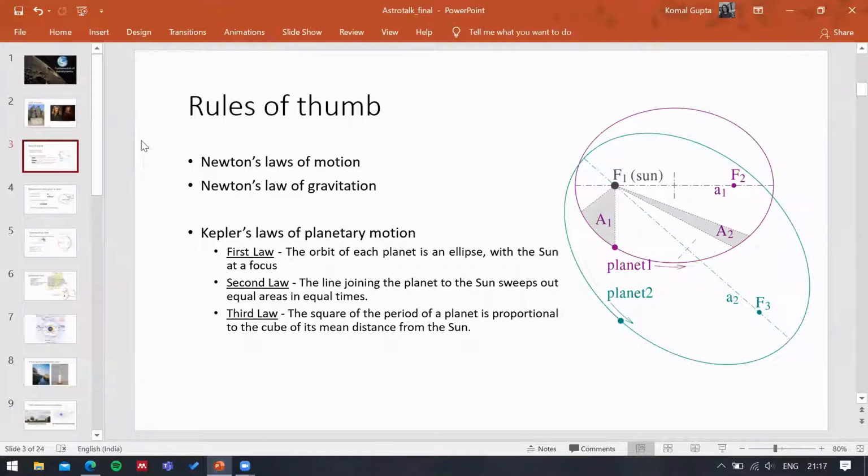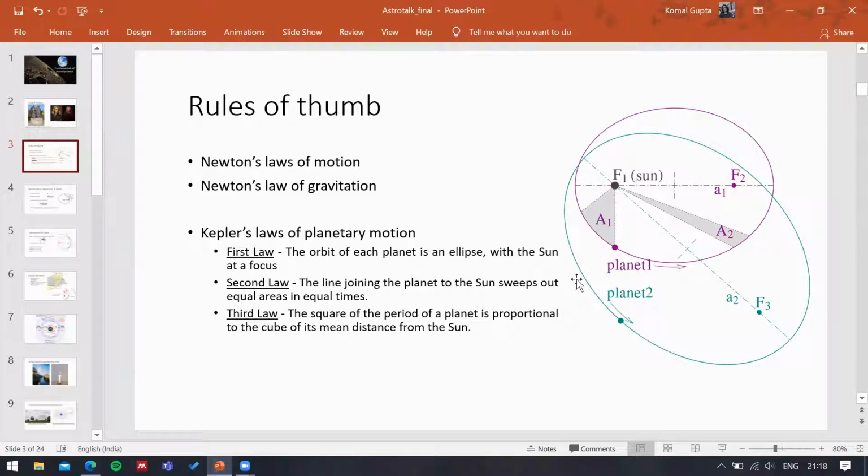So the first two laws, which were published in 1609, say that the first law is that the orbit of each planet has to be an ellipse, and the sun has to be at one of the foci. The second law says the line joining the planet to the sun sweeps out equal areas in equal time. I'm sure everybody who has done classical mechanics remembers these.